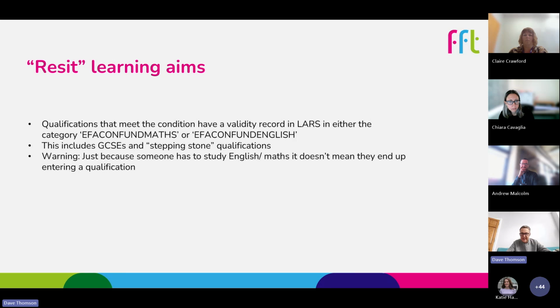It includes GCSEs and the stepping stones qualifications like functional skills. One thing to bear in mind is just because somebody has to study English or Maths, it doesn't mean they end up entering a qualification. So you might see some records, but no result for an individual. You might see the fact that they've studied something, but not entered a qualification.